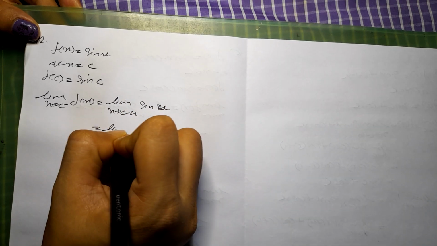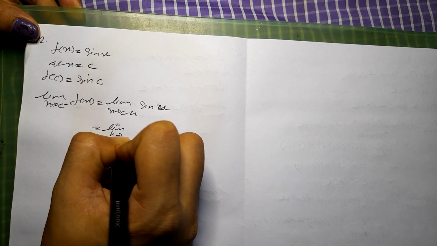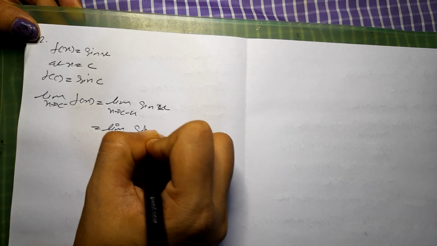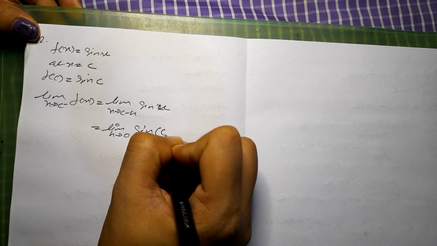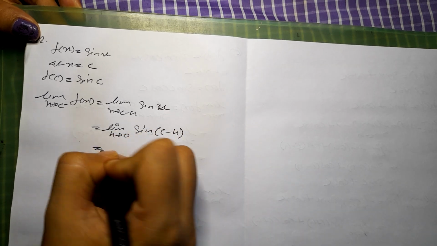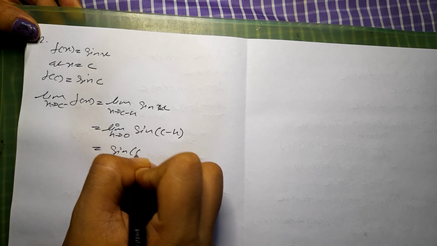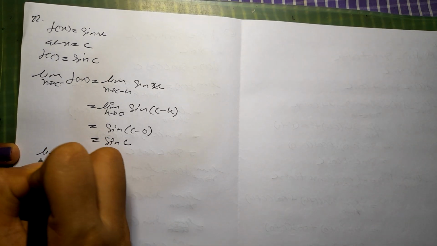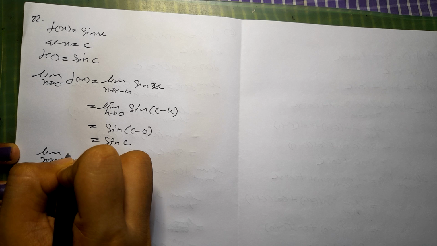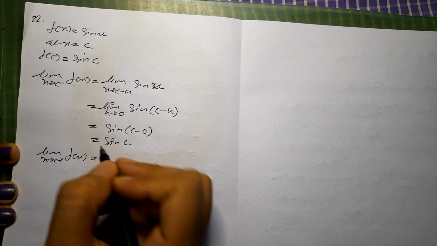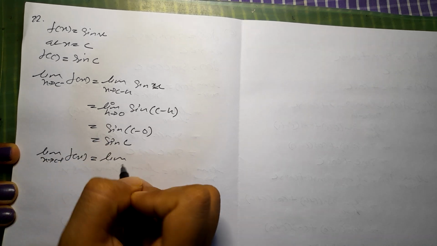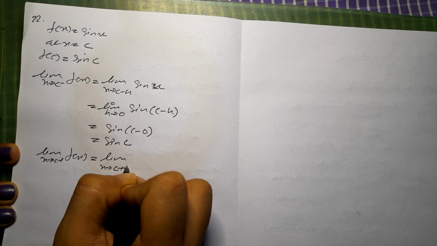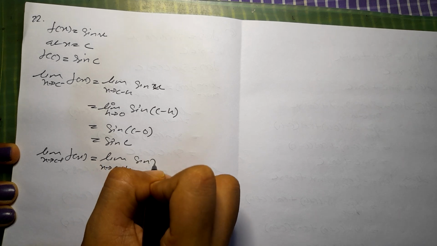Now limit h tends to 0 of sin(c minus h), sin(c minus 0), that is sin c. This is the left hand limit. Right hand limit, limit x tends to c plus of f(x) is equal to limit x tends to c plus h of sin x.